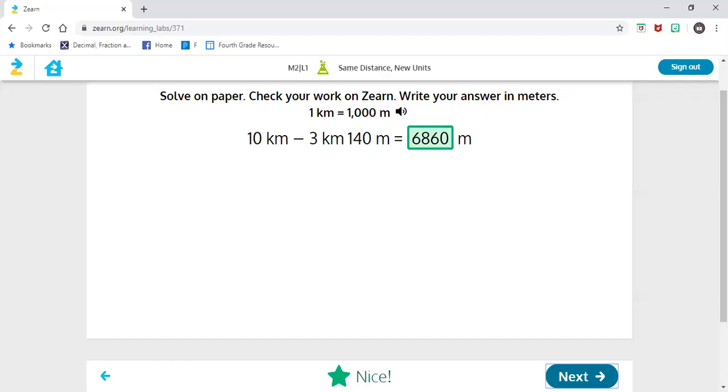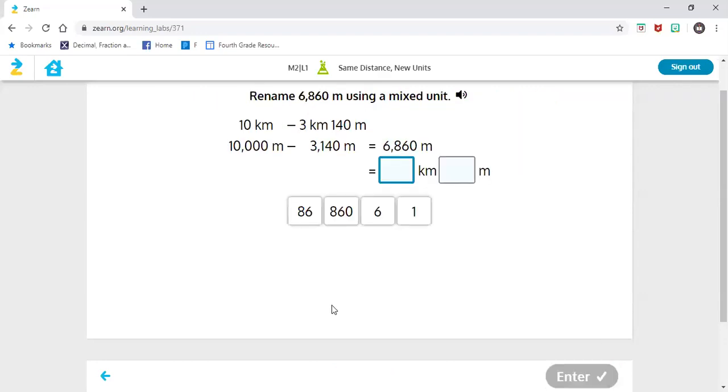All right, good job. So let's see where we are. Okay, so now they want us to convert our 6,860 meters into kilometers and meters. So remember, how many meters does it make to make 1 kilometer? 1,000.